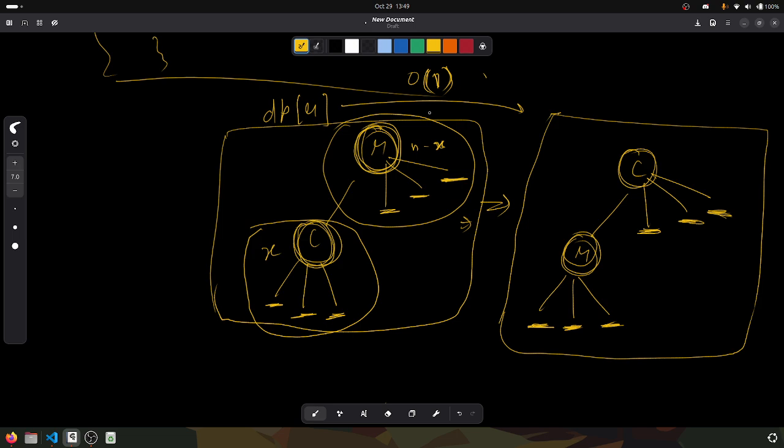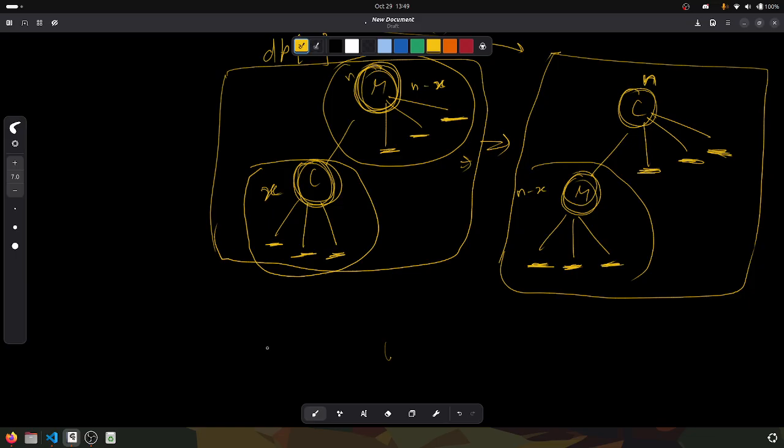Now in the new tree, R will have n minus x elements and C will have n elements in its subtree, where C previously had x elements and R previously had n elements. So the only changes that were made are that the subtree of R went from n to n minus x and the subtree of C went from x to n, right?